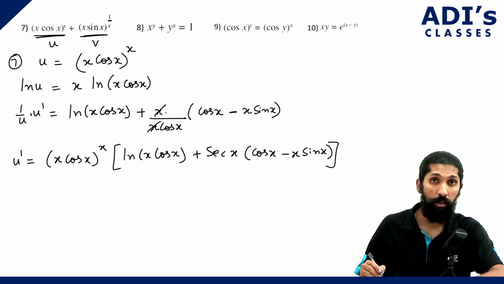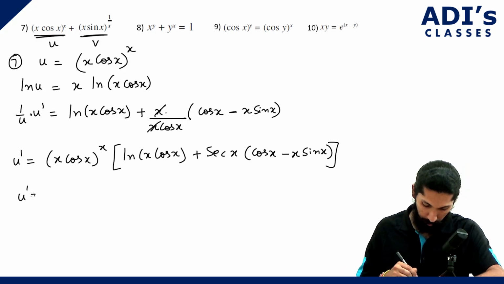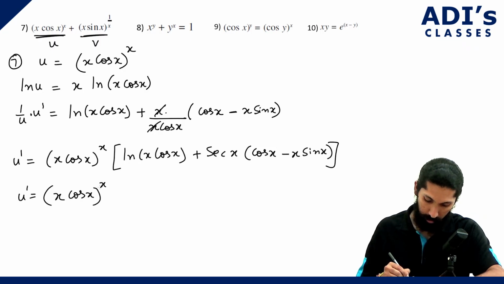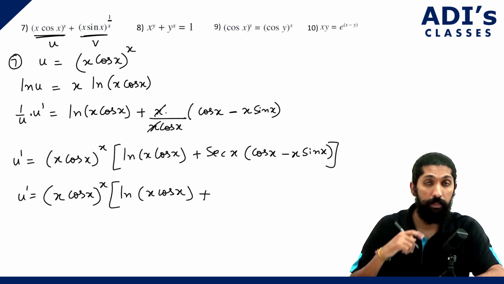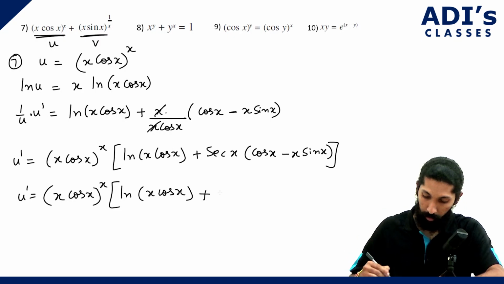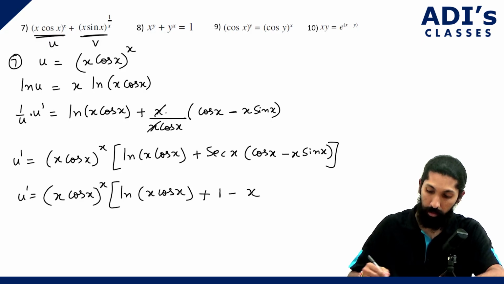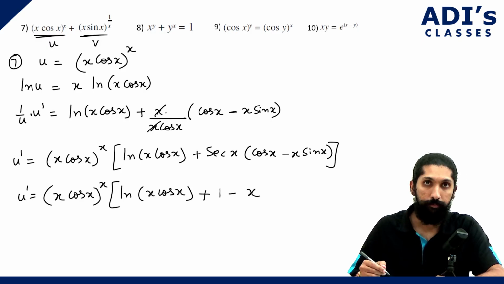You can write this as u dash is equal to x cos x whole power x into log of x cos x plus, multiplying the secant x, secant into cos is 1, minus x into secant, which is 1 by cos, sin by cos becomes tan.